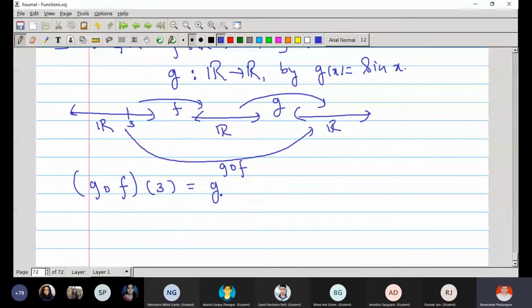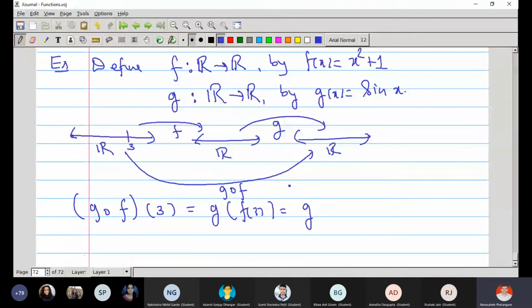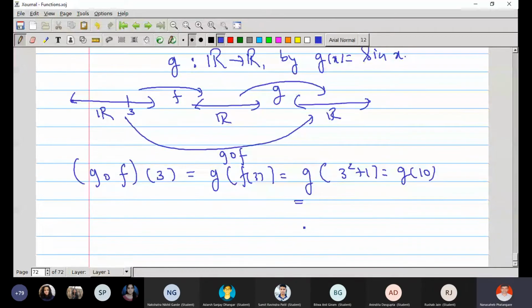Correct, it is G of F of 3. But what is F of 3 by definition? F of x is x square plus 1. So F of 3 is 3 square plus 1, which is 10. So G of 10, and G of x is sine x, so G of 10 is sine 10. Right, so this is the action of the composite function on an element.